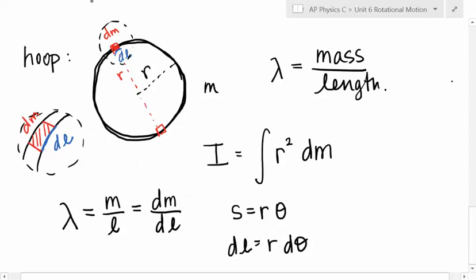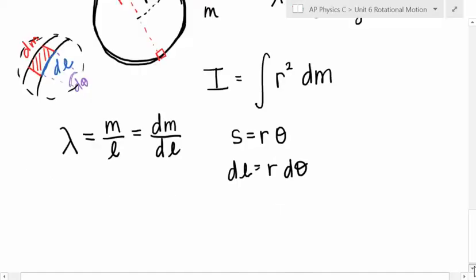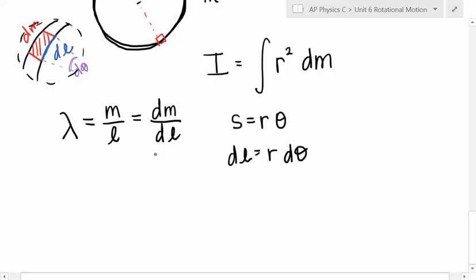If you go back and look at my little blown up version, it's a little tiny change in the angle, d theta, as you go from the beginning of dm to the end of dm. So we're looking at a little bitty piece. That means that lambda could be equal to dm over dl, the ratio of the mass to the arc length.